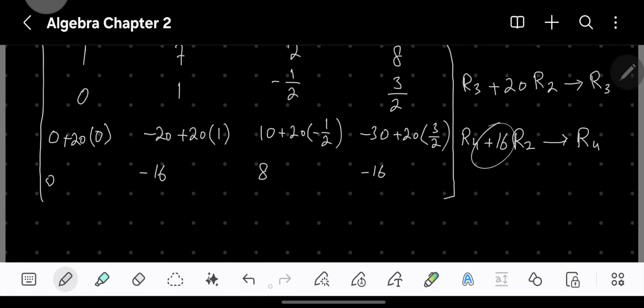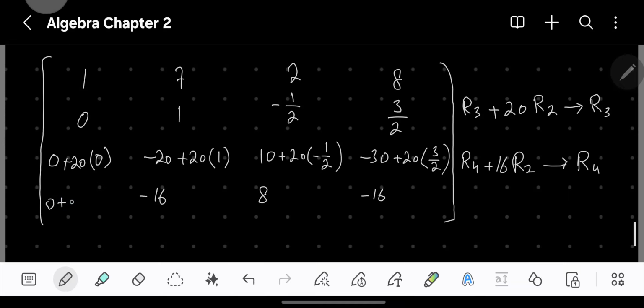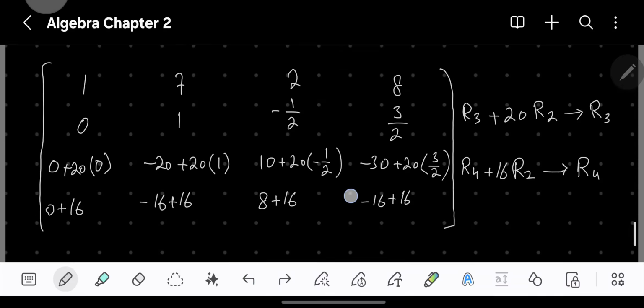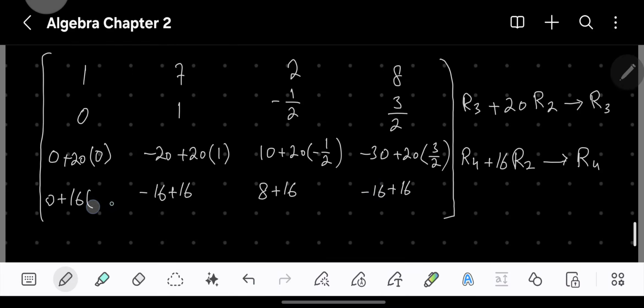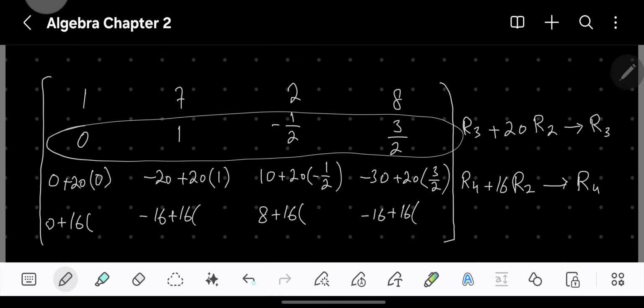Then plus 16 times R2. R2 is 0, 1, minus 1 by 2, 3 by 2.